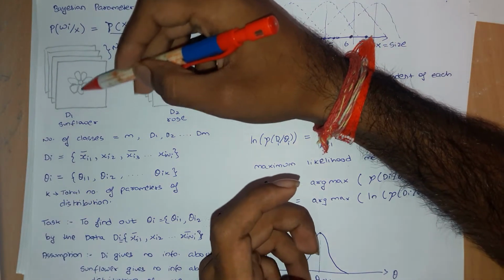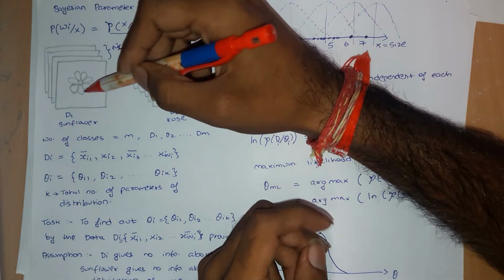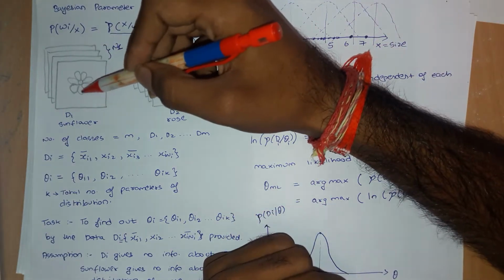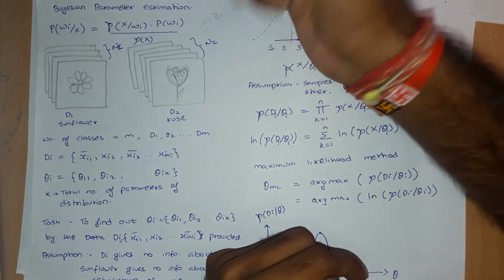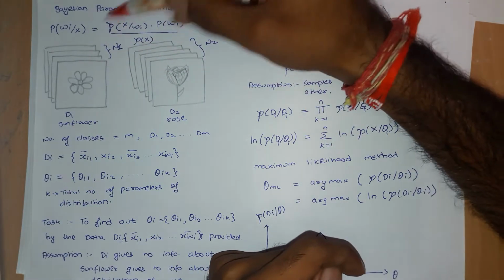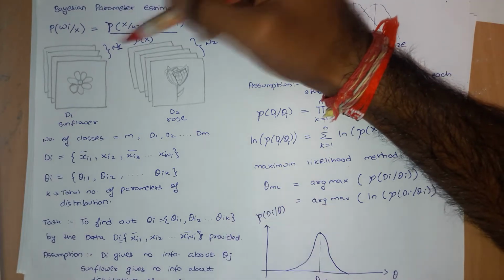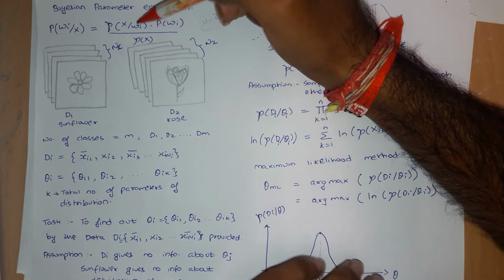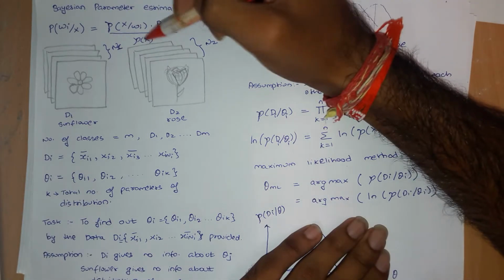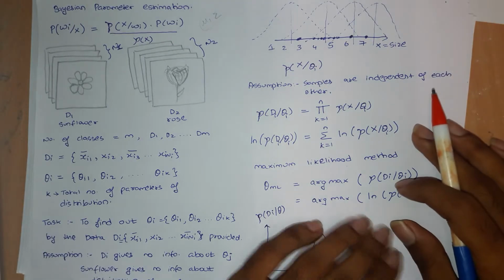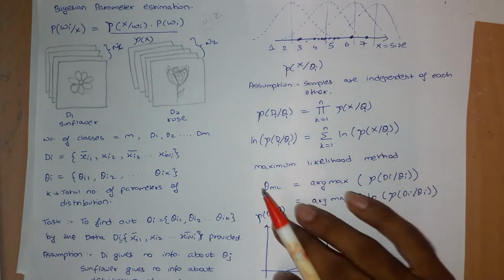Say x is the size. What is the probability that x is equal to 6 given that it is sunflower? This we take from the training. We are now going to focus on the likelihood only. Into the prior upon the evidence, we normally remove the evidence because it is just a scaling factor.